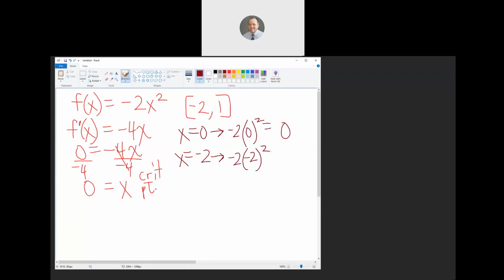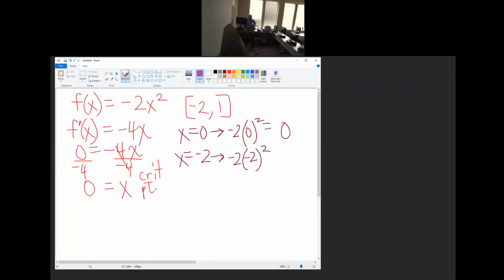Negative 2 squared is a positive 4. Times negative 2 gives us negative 8. And now let's find the value when we plug in positive 1. So when we plug in positive 1 for x, we get negative 2.